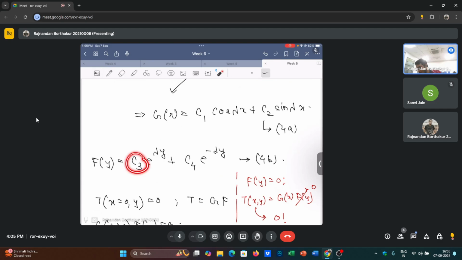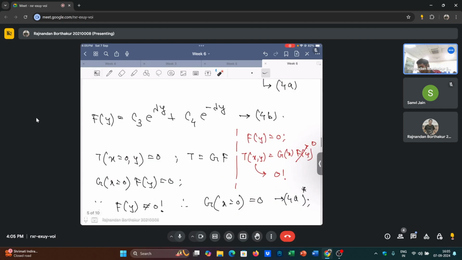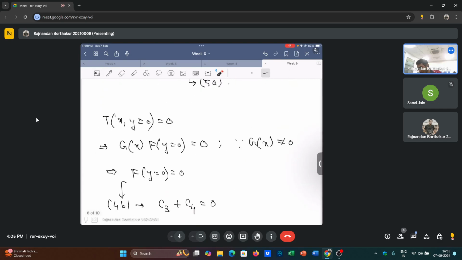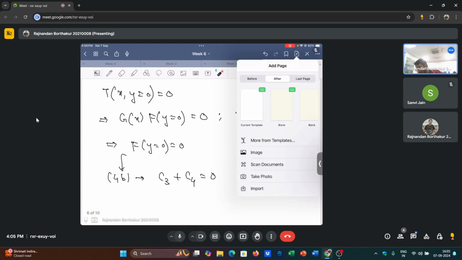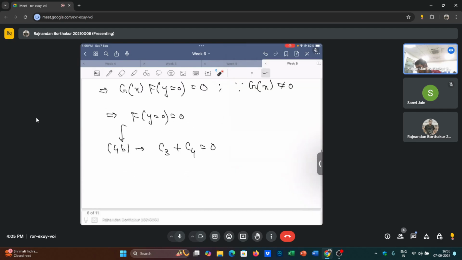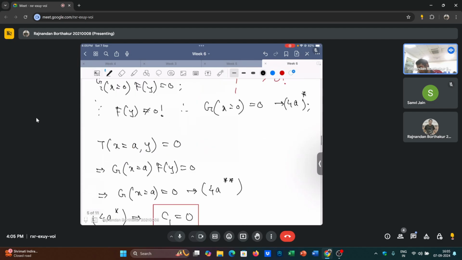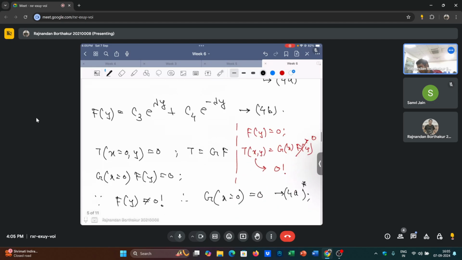Then this becomes C3 plus C4 is equal to 0, and you will get C3 to be equal to minus C4.